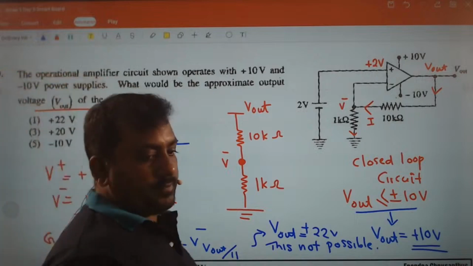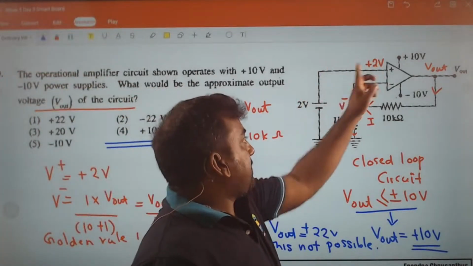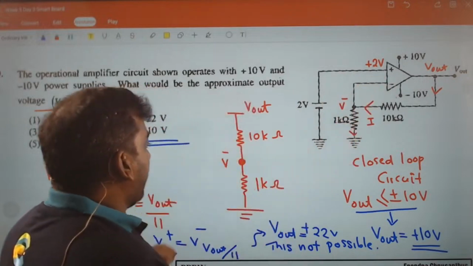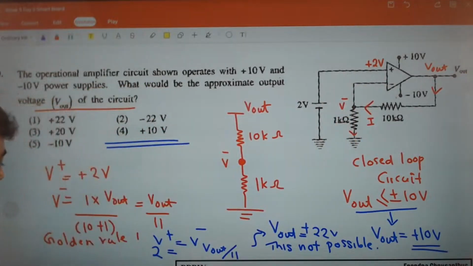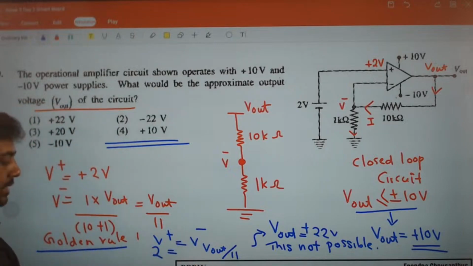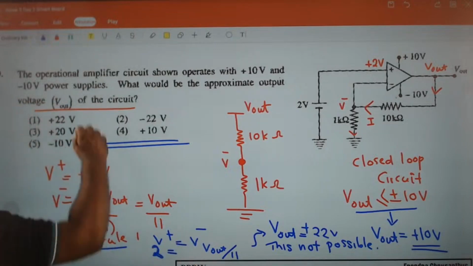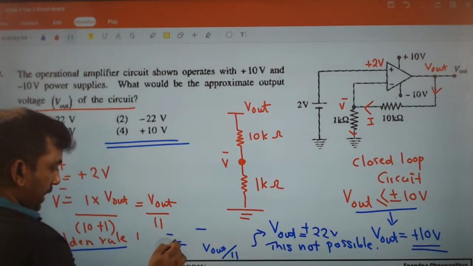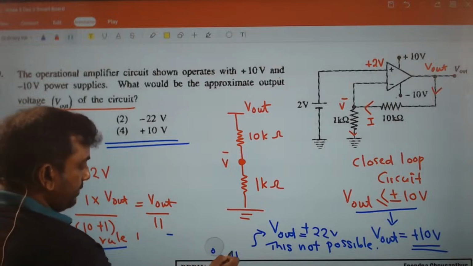Again, look. V plus is 2 volts. V minus I found with the potential divider. Golden rule number 1, V plus equals V minus, that means 2 volts. I'll write it here.